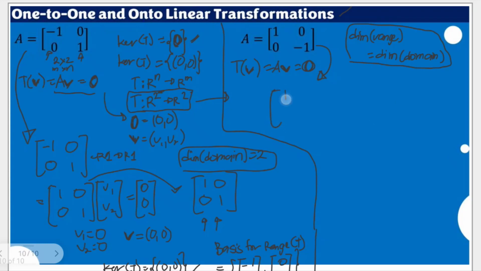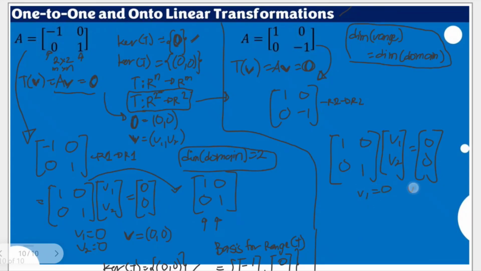You have 1, 0, 0, negative 1. So you multiply negative 1 to row 2. So you will have this reduced row echelon form, which will be used for both the identification of one-to-one and onto. Once we multiply our vector here and equate it to our 0 vector in R2, V sub 1 is 0, V sub 2 is 0.